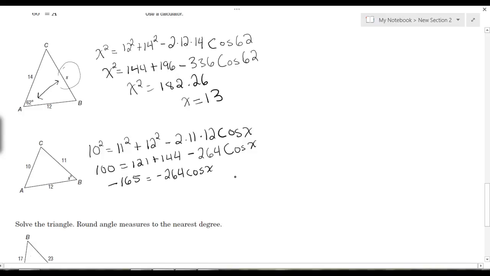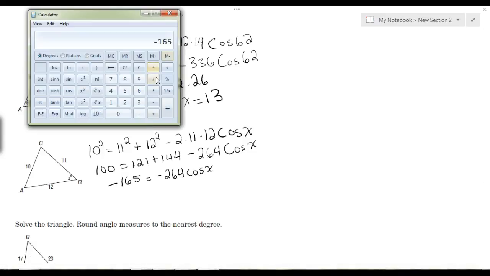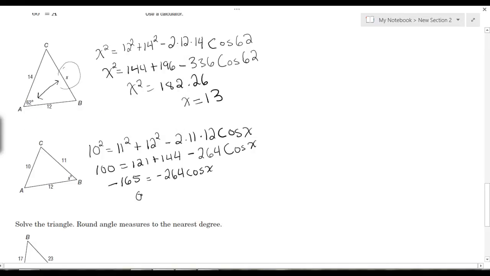I'm going to divide both sides by negative 264, so let's see what I get here. Divided by 264, we make that negative, equals, that's a nice number, 0.625, so go ahead and write that down. 0.625 equals cosine of x. Now we'll go ahead and take the inverse cosine of x then.